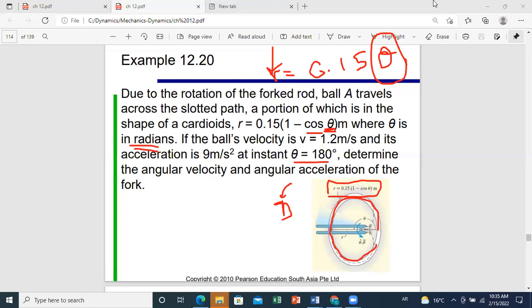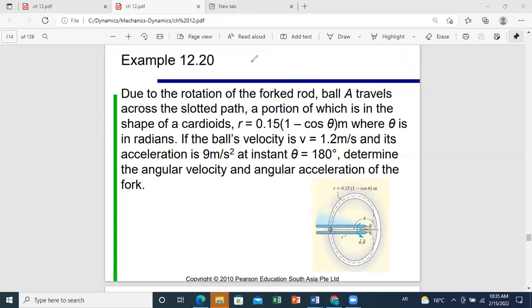Now we have our function of theta, and they are interested in finding the angular velocity and angular acceleration for the position where theta equals 180 degrees, knowing that the magnitude of velocity and the magnitude of acceleration are given.